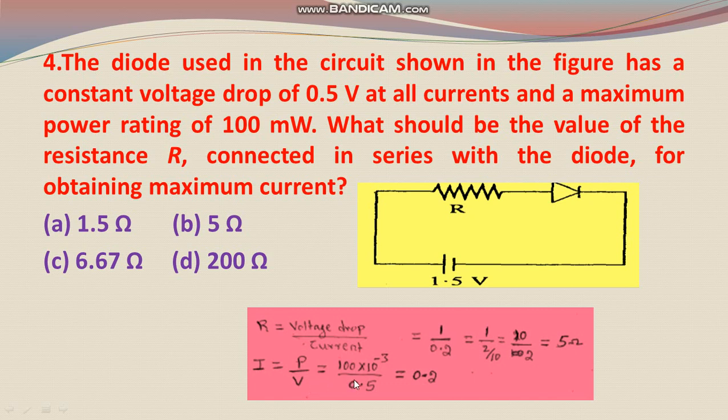So substitute power value and voltage across diode, we will get 0.2 ampere. So resistance is voltage drop divided by current, so substitute voltage drop 1 volt and current 0.2 ampere. Simplifying, you will get here 5 ohm. So our answer is B.